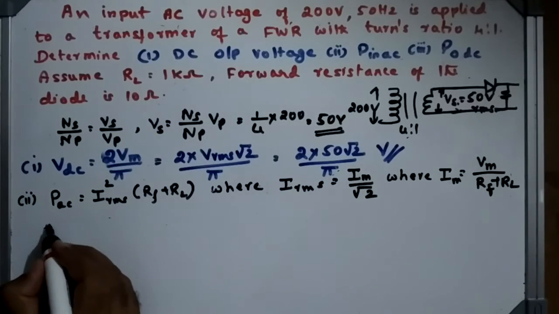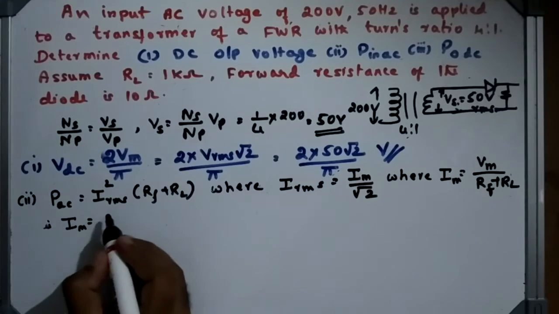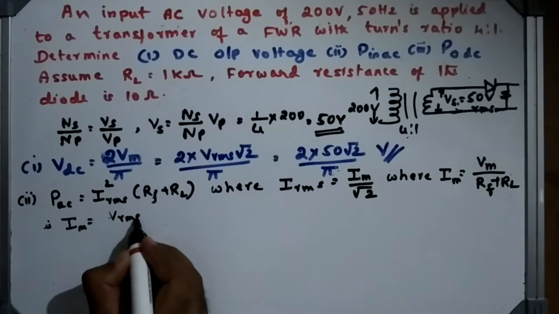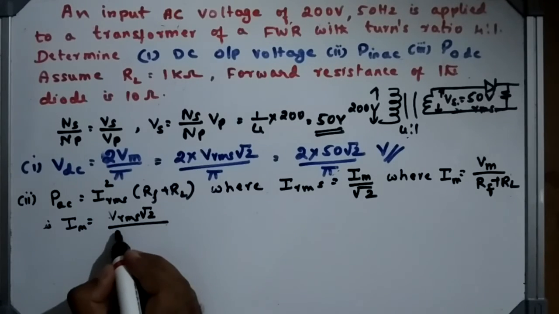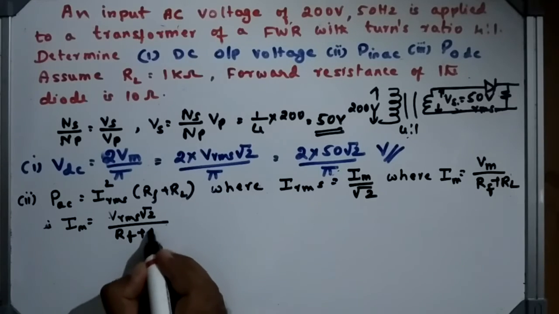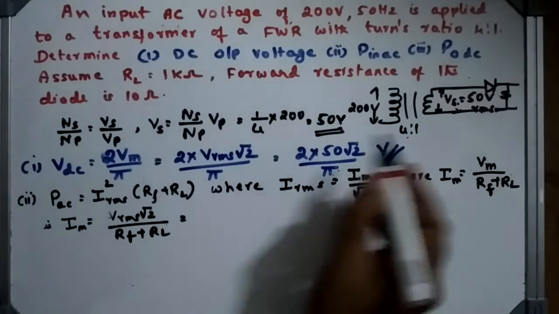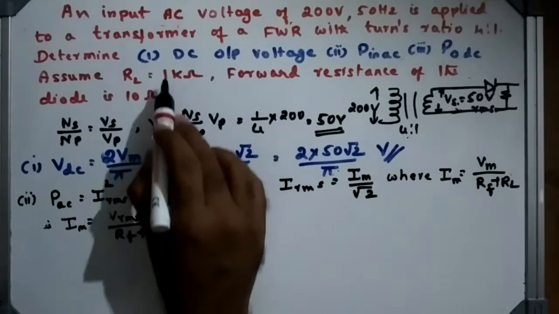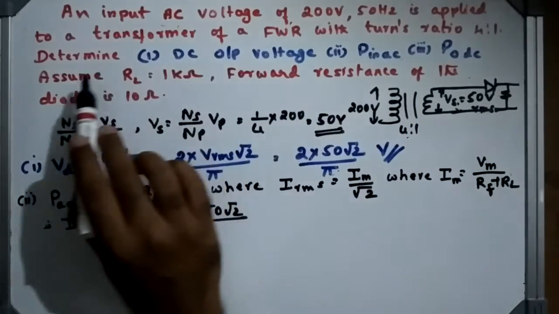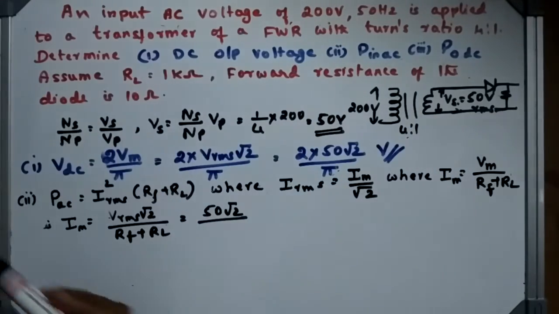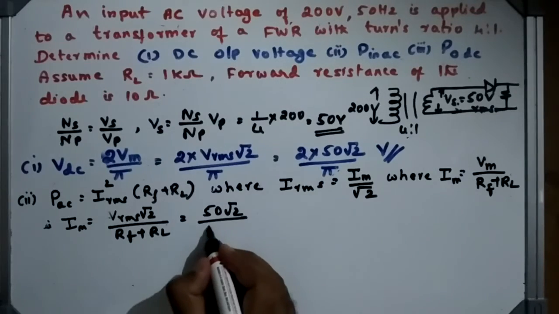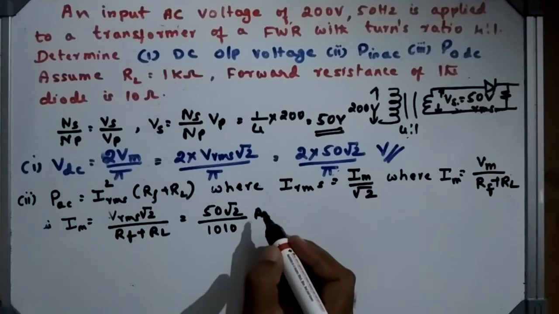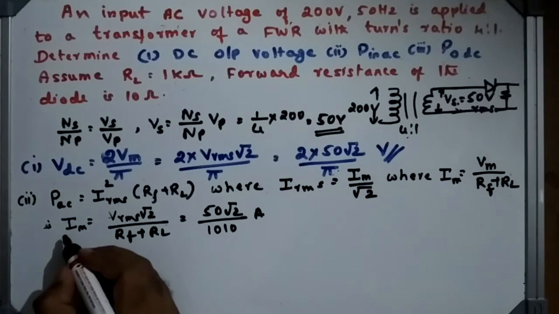So Im is equal to Vrms into root 2 divided by Rf plus RL. This is equal to 50 root 2 divided by Rf, which is given as 10 ohm, forward resistance of the diode, plus 1k. So this is 1010. This is the peak value of input AC.